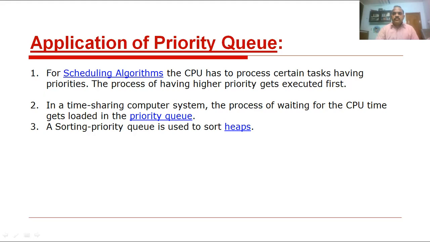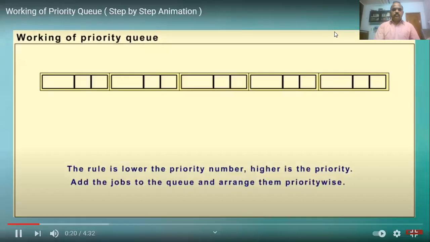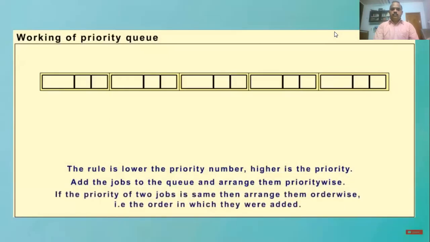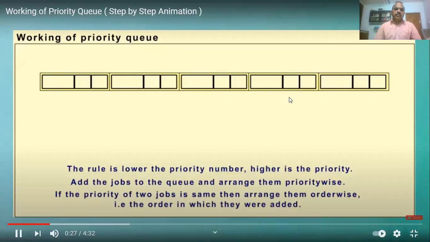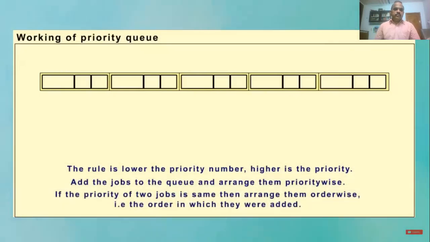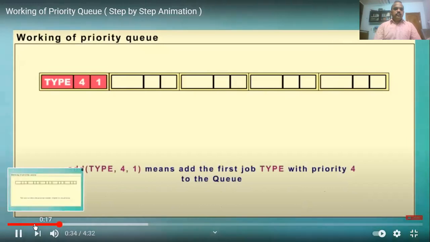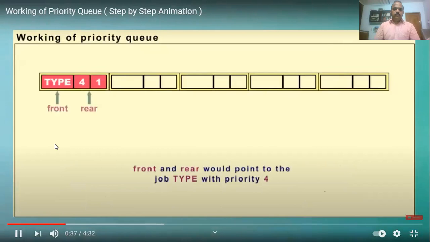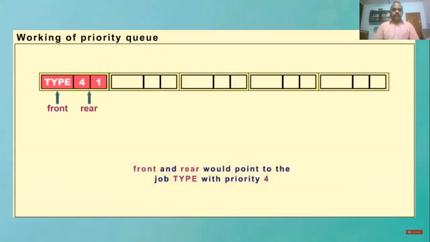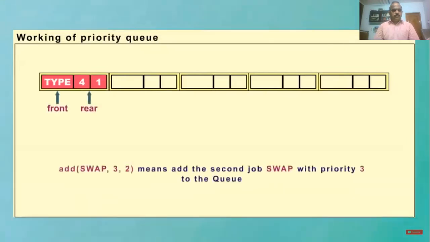Now see an example of priority queues. It may be a little bit confusing.